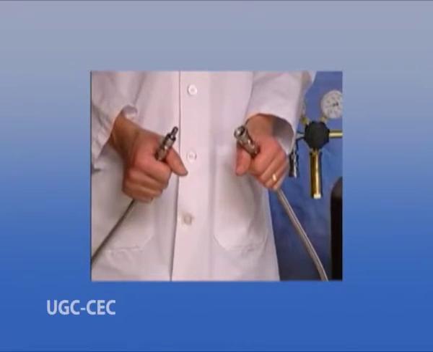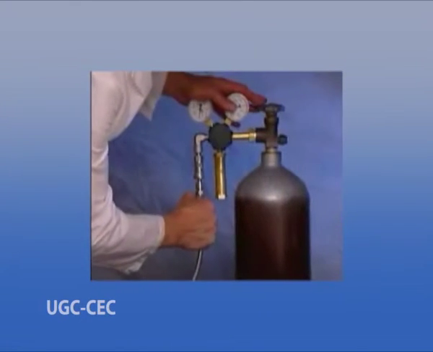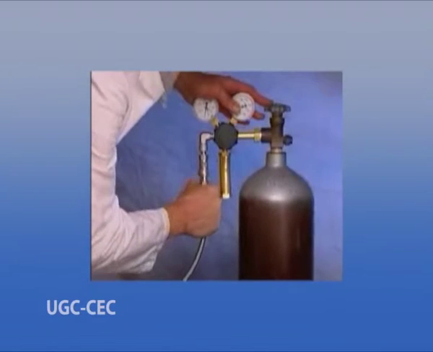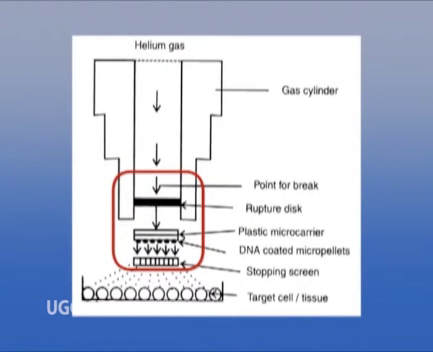The acceleration of the microcarrier also affects greatly, and it can be regulated by adjusting the helium pressure, adjusting the distance between the rupture disk and the macrocarrier, adjusting the distance the macrocarrier travels, and adjusting the position of the target cells within the sample chamber.